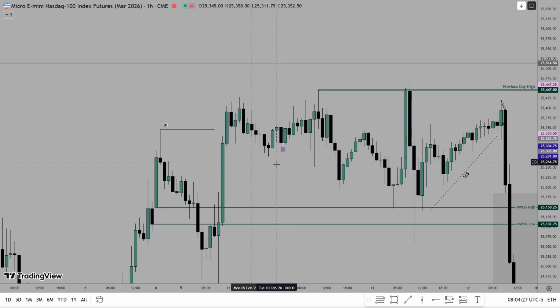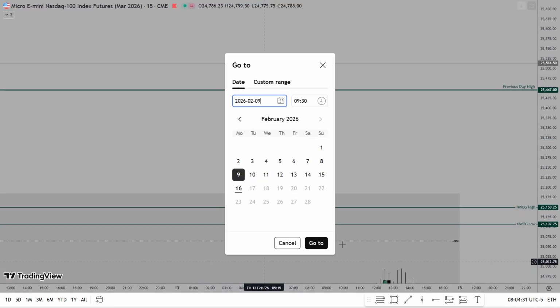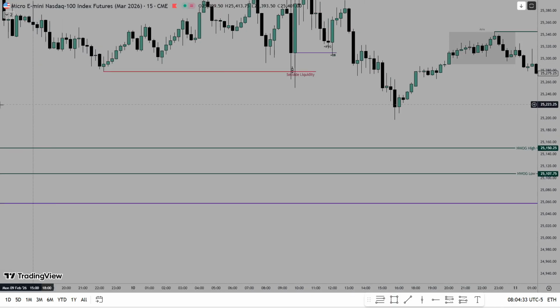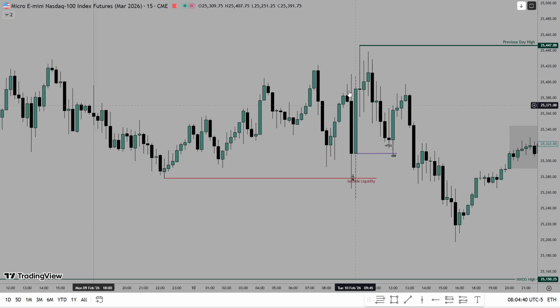That's why I was looking for the long. Now come to the 15. You can see that these highs were not traded before this sell side was taken.